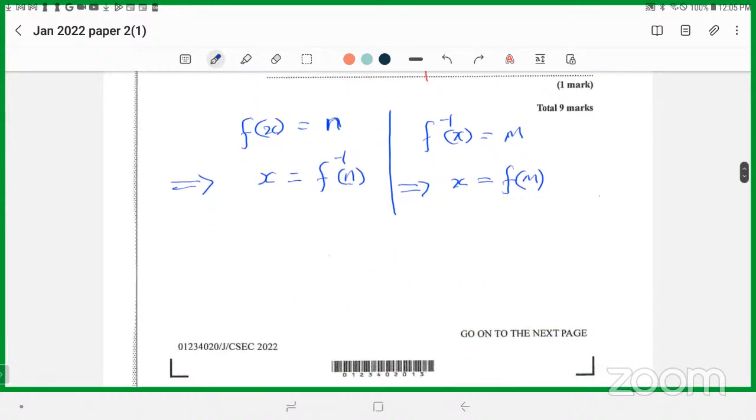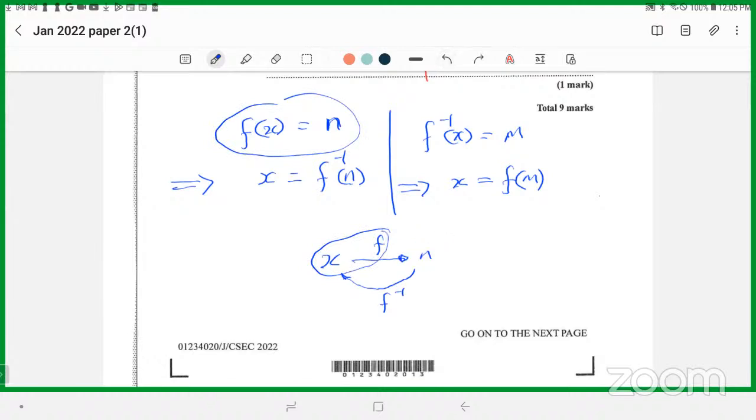Put it another way. If x is mapped onto some number n with the function f, then f to the minus 1 is going to take it back the other way, from n back to x. So this statement is saying f of x is equal to n.